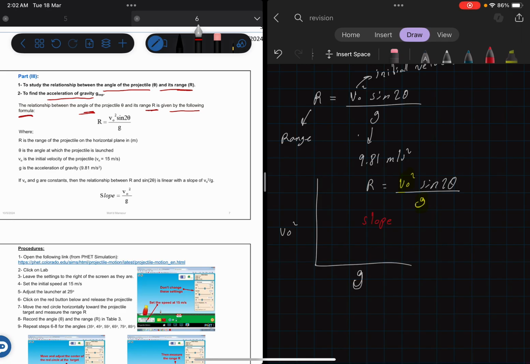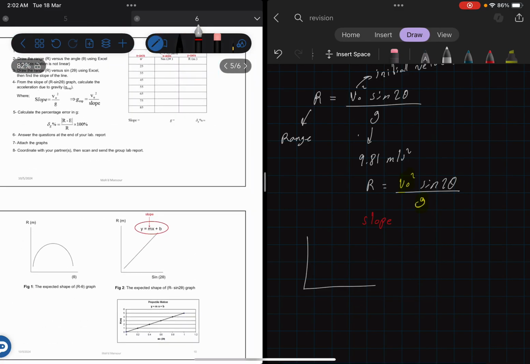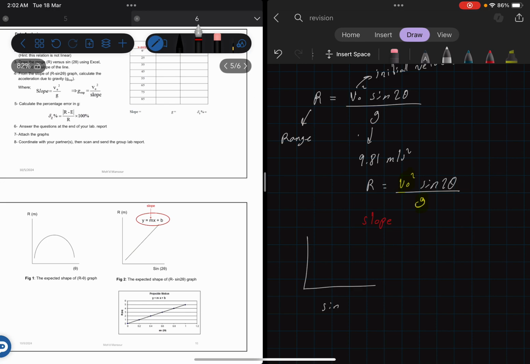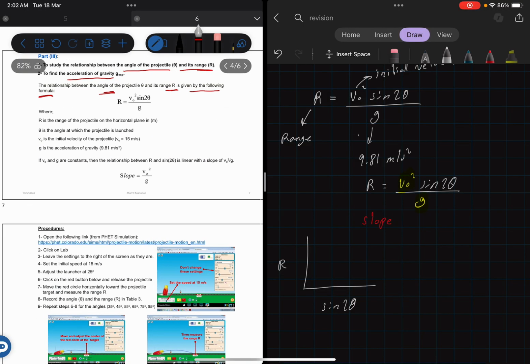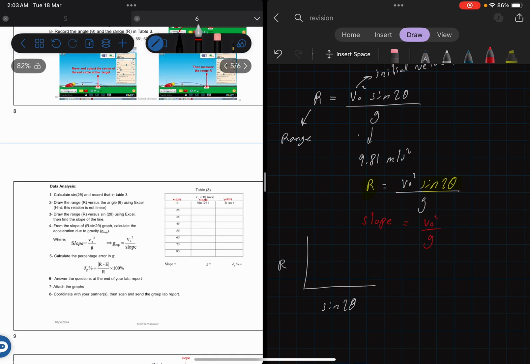Let's imagine that we have this graph with sine 2 theta and R. Let us make sine 2 theta and R constant, so we end up with v naught squared over g, right? And that's what we find.